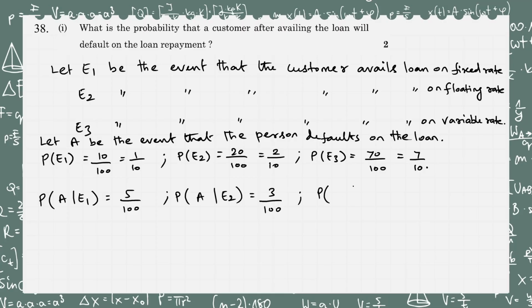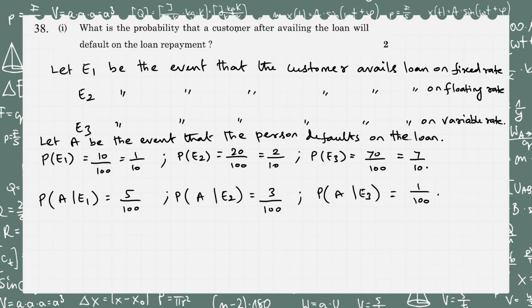And the person who took variable rate, failing to pay the loan will be 1%, which is 1 by 100. So once we make all the events and their respective probabilities ready, it's easy to answer the questions.